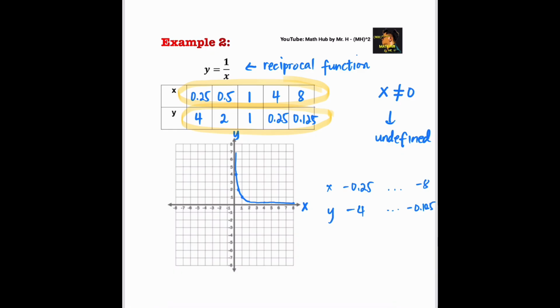It only tells you that this graph right here will have its reflection here. There you go. So that is the graph of a reciprocal function, y equals 1 divided by x.